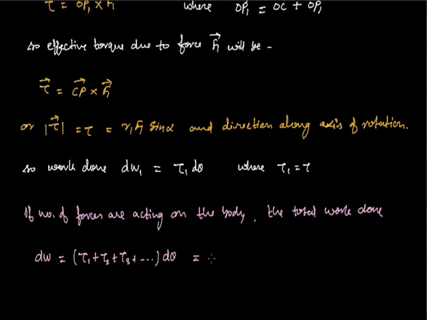Finally, this can be rewritten as tau d theta, where tau equals tau 1 plus tau 2 plus tau 3 and so on.